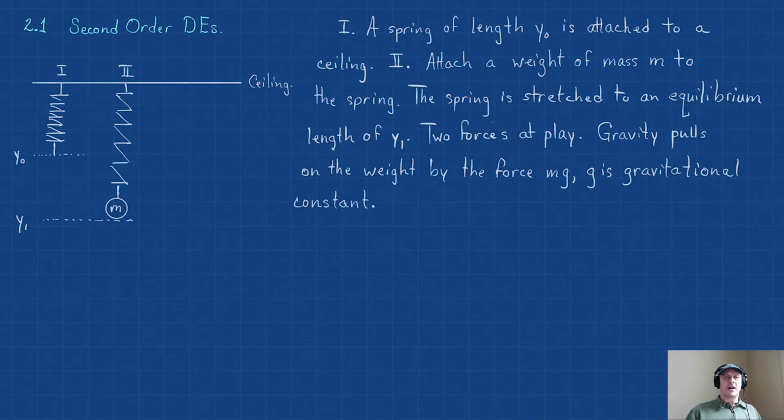Okay, now here's the other part of the picture. Gravity is pulling it down, but the spring stops. It comes to rest. It doesn't just keep pulling down. That means there's another force that's pulling back up. That is Hooke's law.